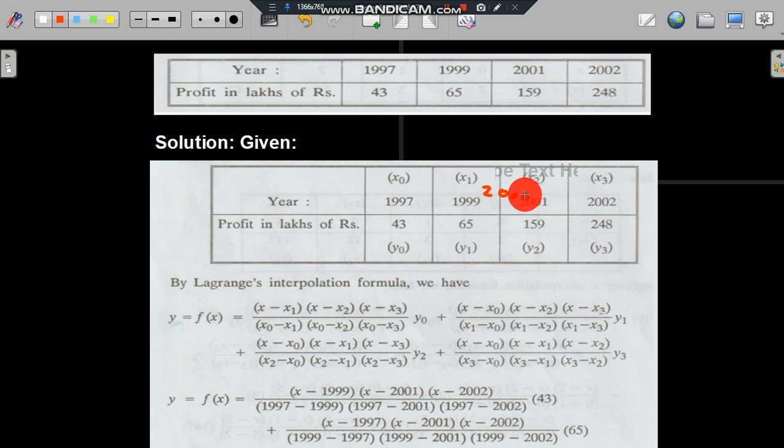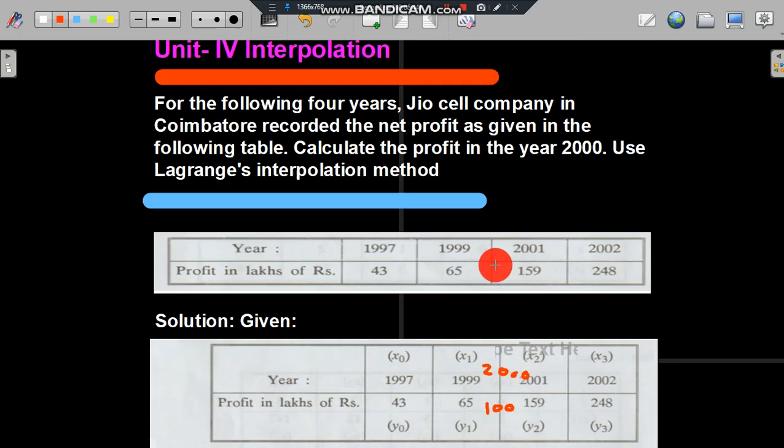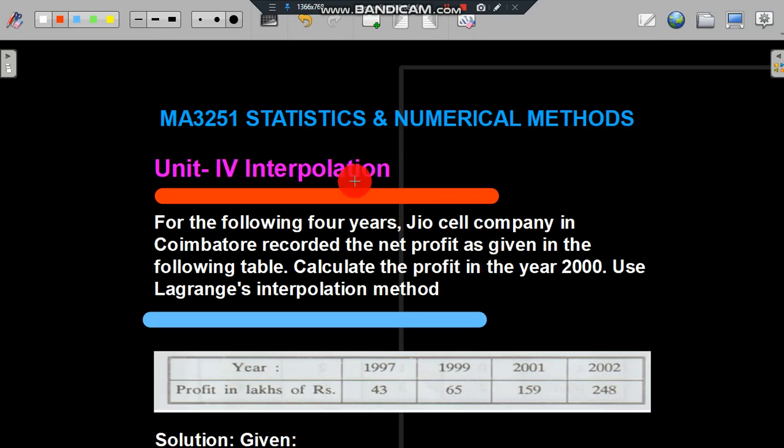Then the corresponding profit would be 100 lakhs. So we have interpolated the corresponding value of y for the given unknown value of x. This type of problem we call an interpolation problem.